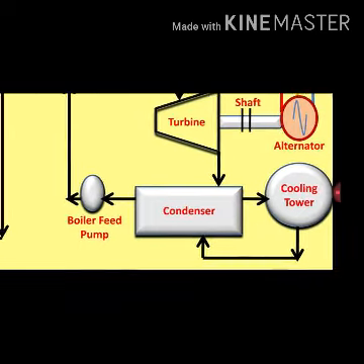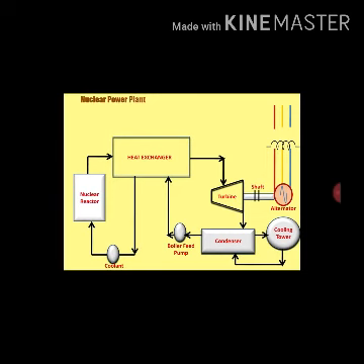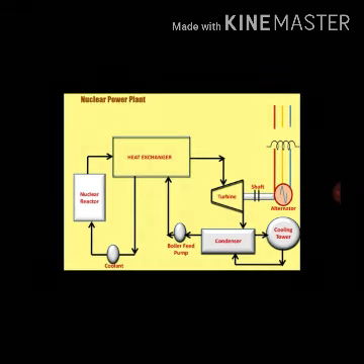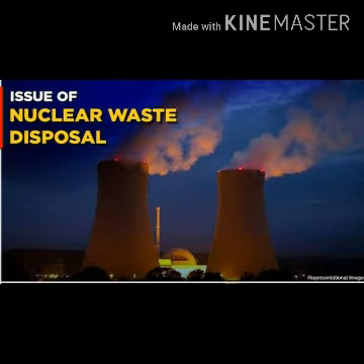From steam turbine there is a condenser. In condenser steam converts into water and again it is sent to the heat exchanger through feed pump, and it has a cooling tower. It is the simple block diagram of nuclear power plant.